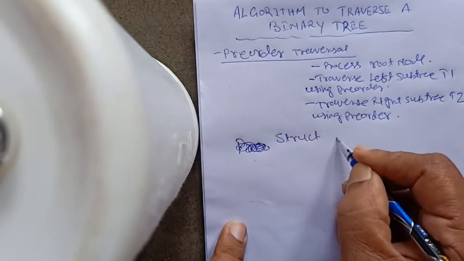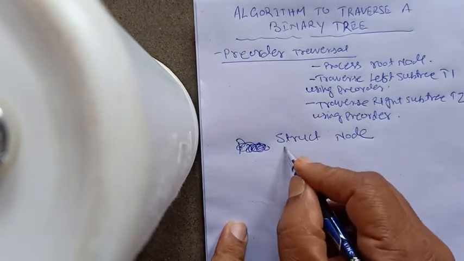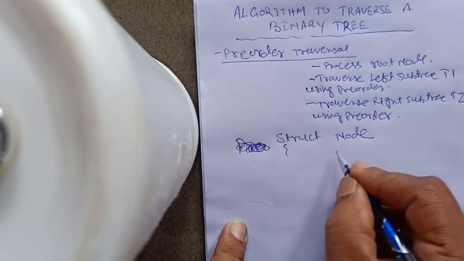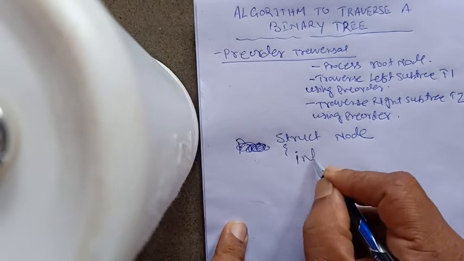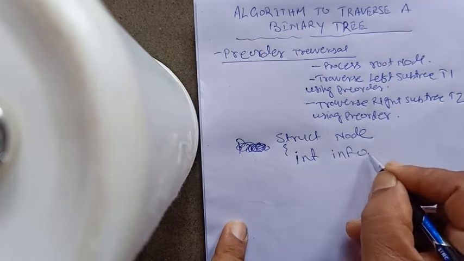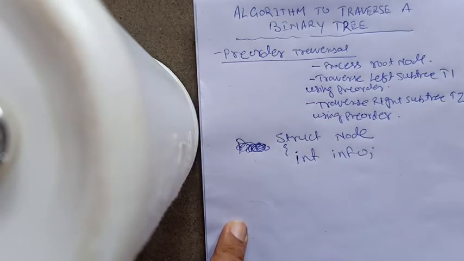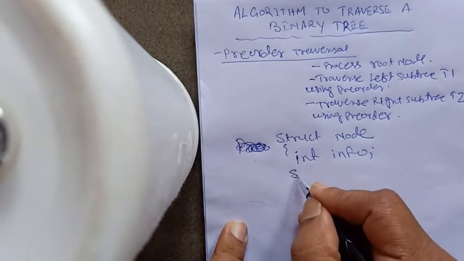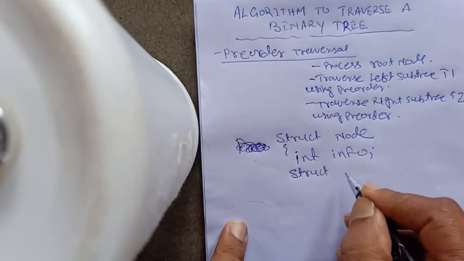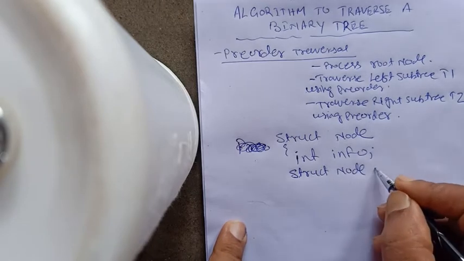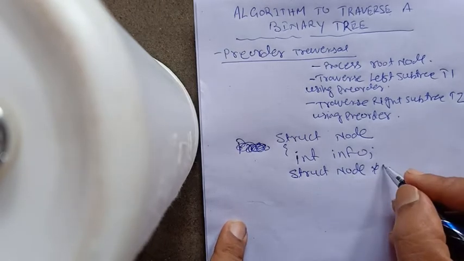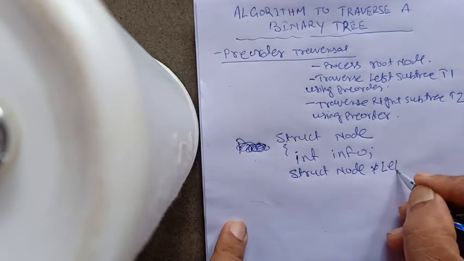Struct node, then there must be a data. Let's say we have integer info. This is the info field where the data element for a node will be stored. And then we have struct node asterisk left.